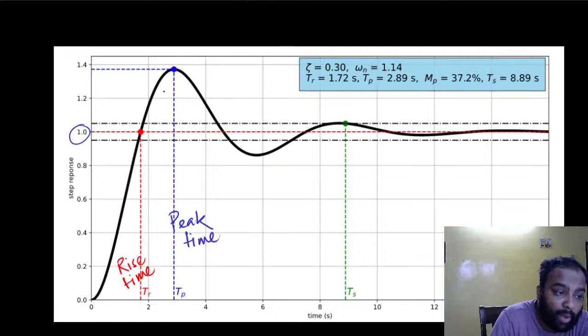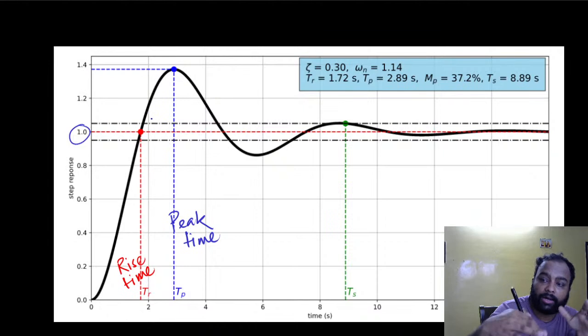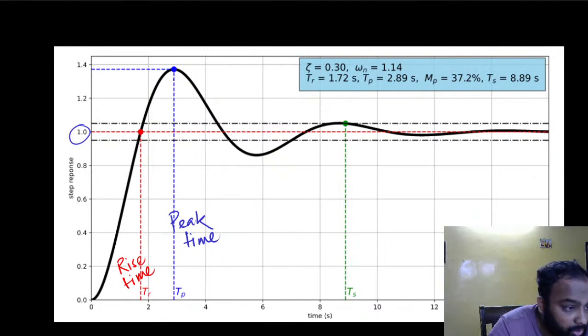And when it reaches the peak, try to see how much it went beyond the final value. How much was the overshoot? If you look very carefully, this much was the overshoot, because this red line is denoting the final value of the response. This is denoted by MP, or sometimes known as peak overshoot.